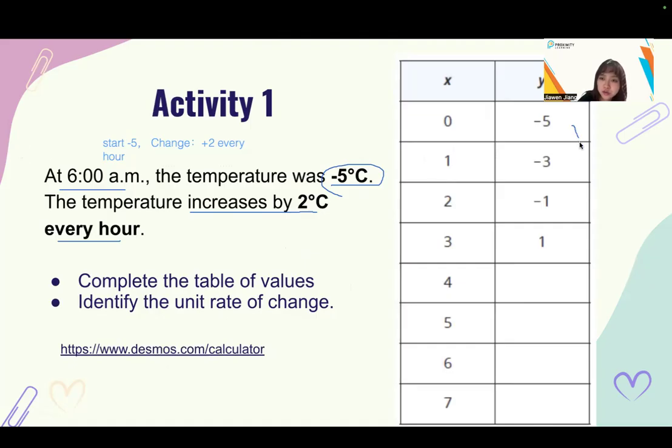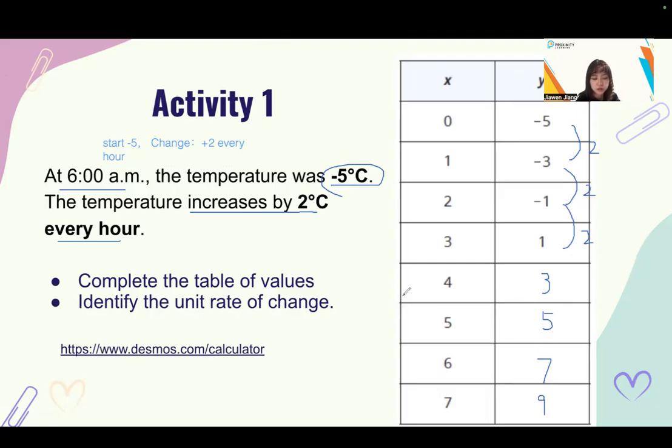I'm going to give you 2 minutes to solve that. Okay, time's up. When it's 4, it's 3, and the 5 is 5, because 3 plus 2 equals 5, 5 plus 2 equals 7, and 7 plus 2 equals 9.